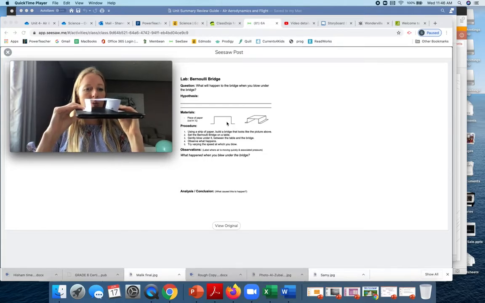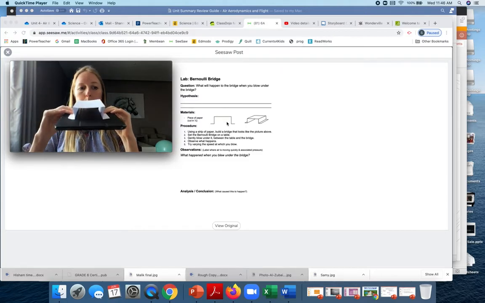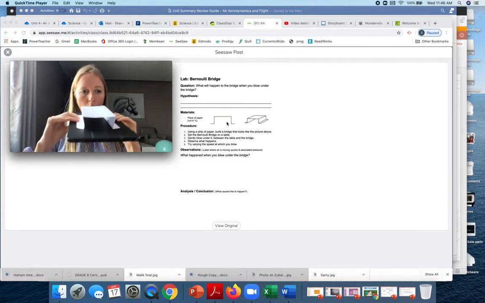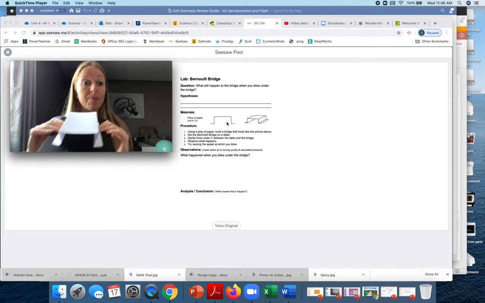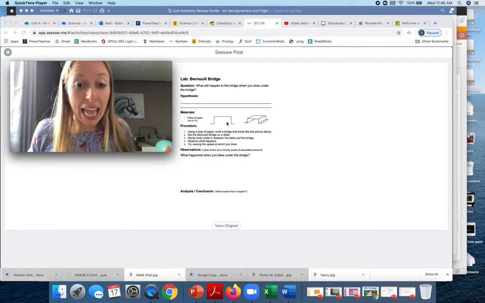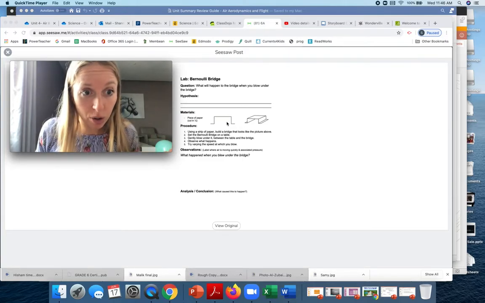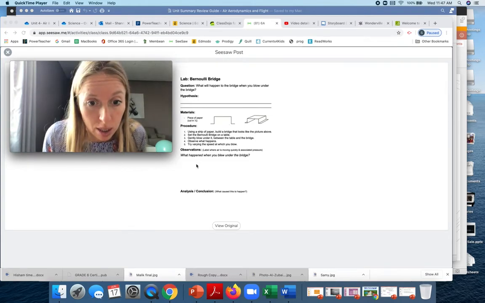What has happened to the top of the bridge? Can you see? I'm not going to say any more than that. I just did it for you. So now you need to do this.